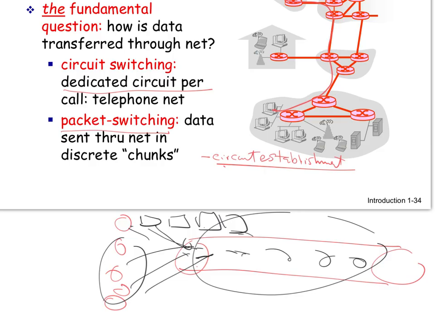But in circuit switching, you will not need to retransmit, because the packet is guaranteed to be delivered with guaranteed quality and ordered too, since they are going through a pipe. Is that clear? So in packet switching, we discretize data into packets, and then packets will be multiplexed statistically.